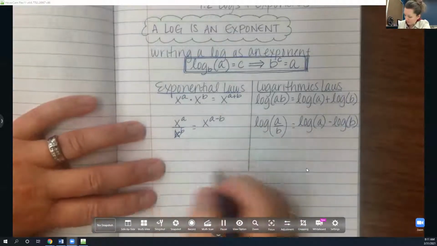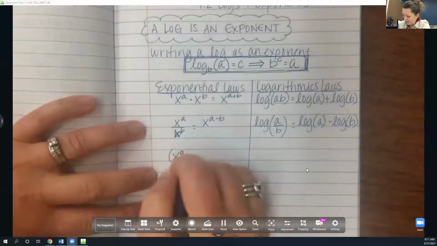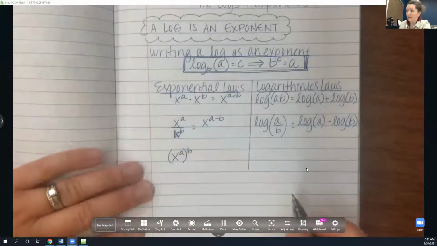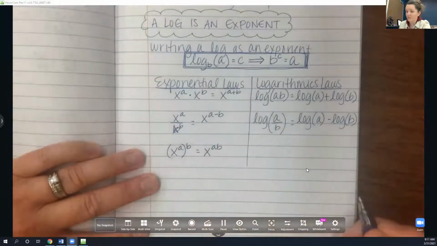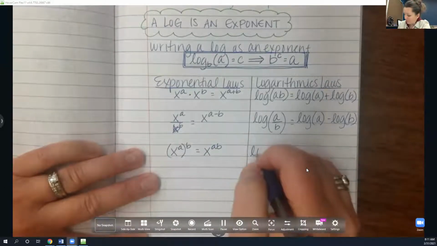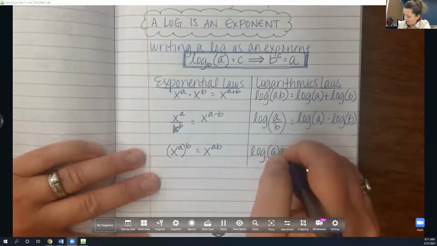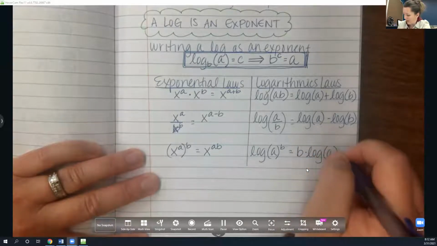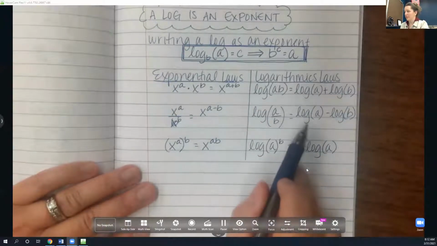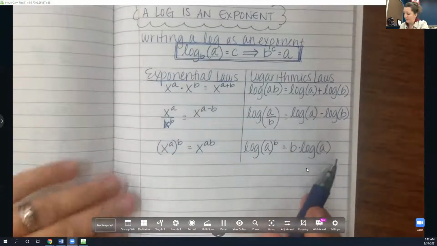Last one here, our exponential law, or raising a power to a power law. If I have x to the a power raised to the b power, then you multiply, x to the a times b. Same thing with logarithms. It's going to look a little bit different though. Log of a raised to the b power is b times log of a. So just notice that difference there. Remember I said it's an exponent, right? So you're treating it like an exponent.